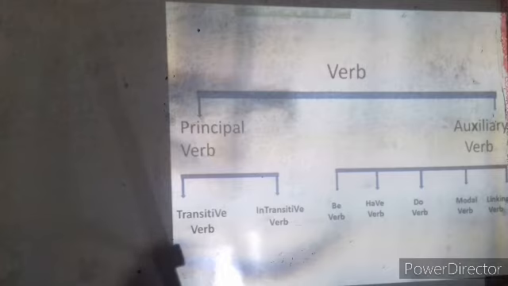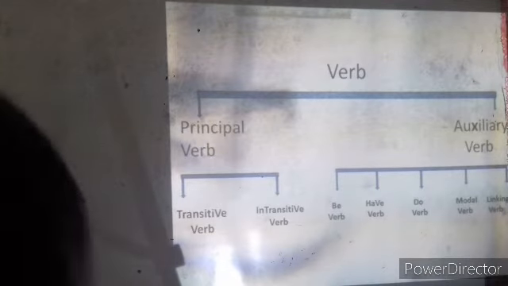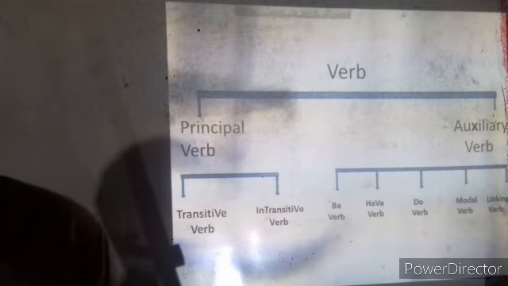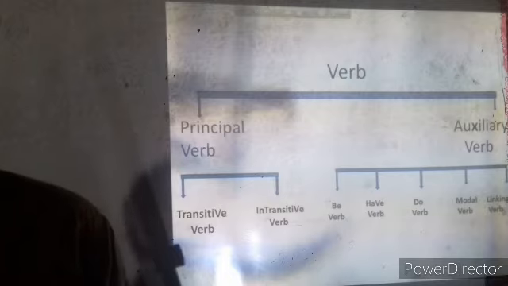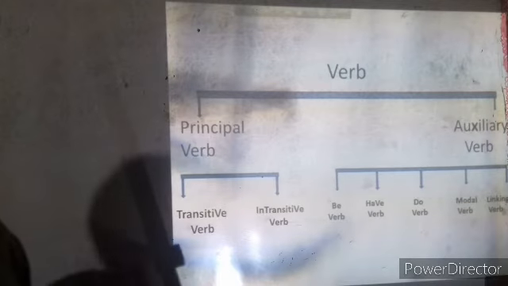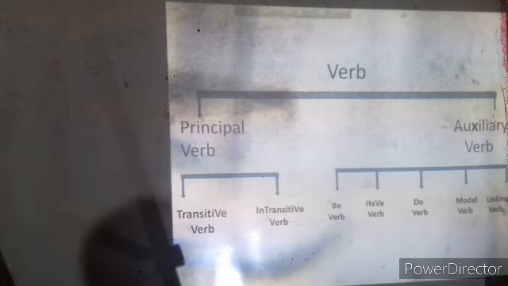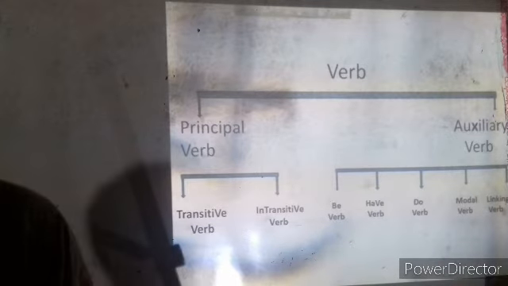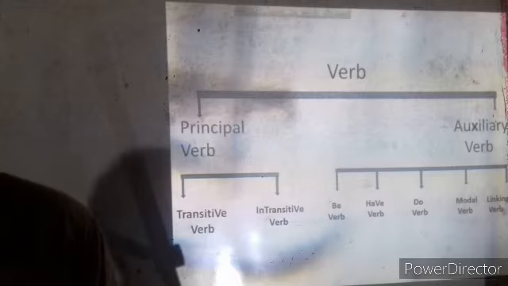Then auxiliary verb. What is auxiliary verb? We should know what is auxiliary verb. Auxiliary verb means helping verb. The verb that helps main verb to make tense, mood or voice, these are called auxiliary verb.